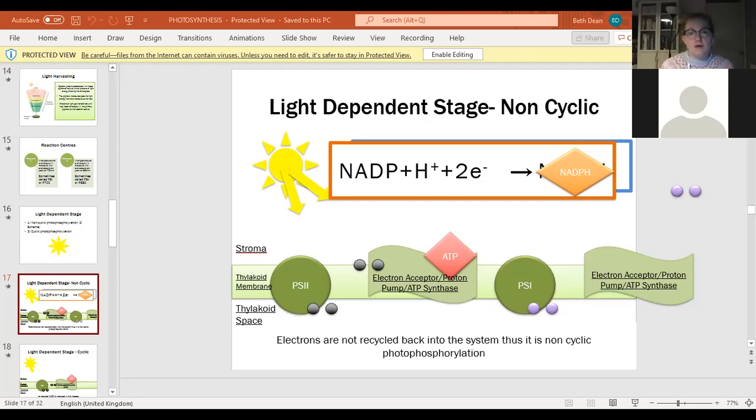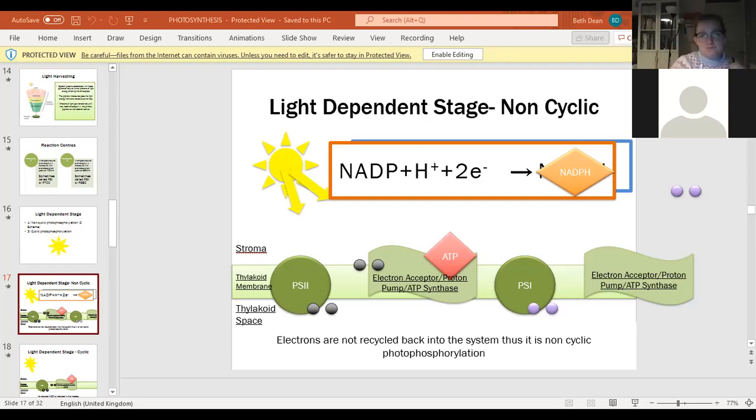It forms an unstable 6-carbon molecule, which breaks down immediately to form 2 molecules of glycerate 3-phosphate. Now this is a 3-carbon molecule. RuBP was a 5-carbon molecule. We've added a carbon from the carbon dioxide. It made that 6-carbon molecule, which breaks down immediately, and we now have 2 3-carbon molecules being formed.